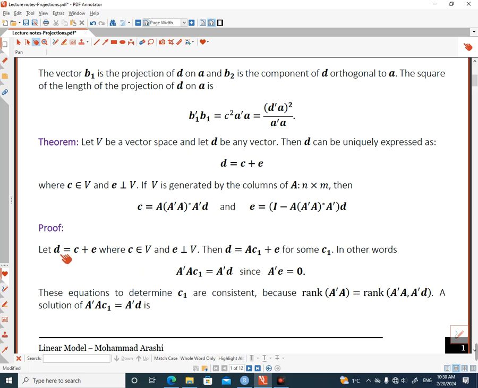For the proof, suppose that D is equal to C plus E. Once again, I'm using the first theorem, so I can decompose D into the sum of two vectors, one of which is the projection and the other the orthogonal vector. According to the assumption of the theorem, C is in V and E is orthogonal to V. So I can write D as A C1 plus E, and it comes from the previous theorem.